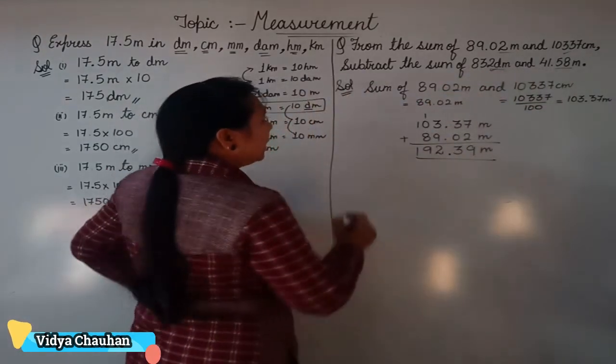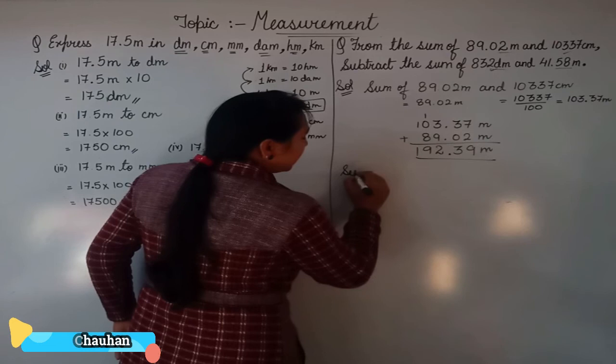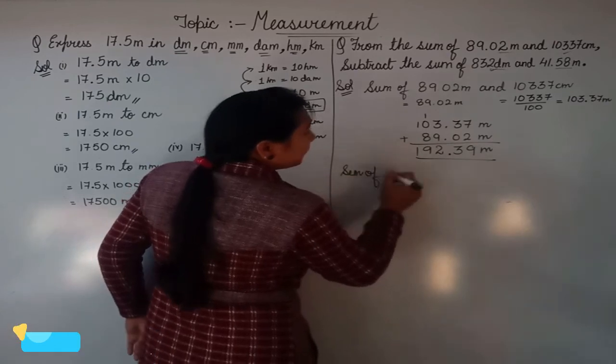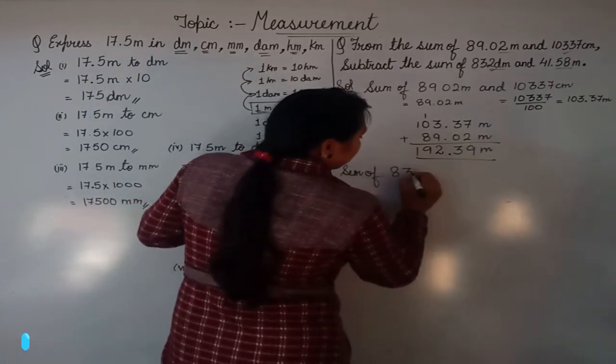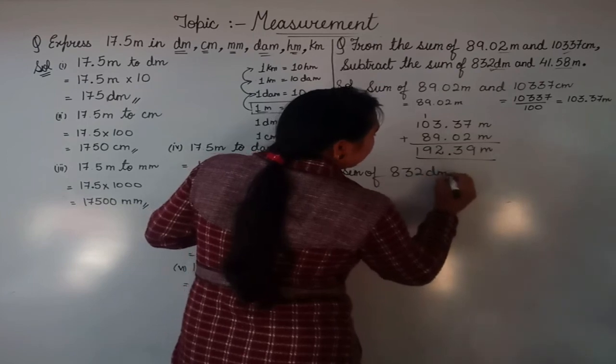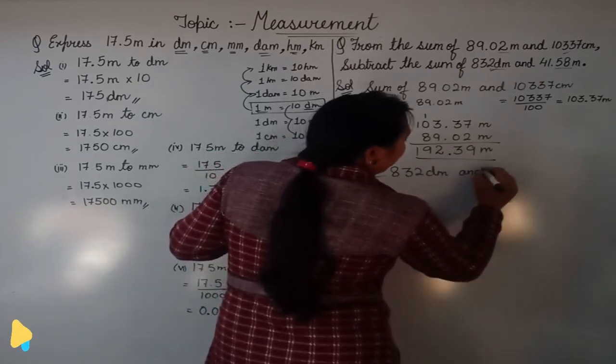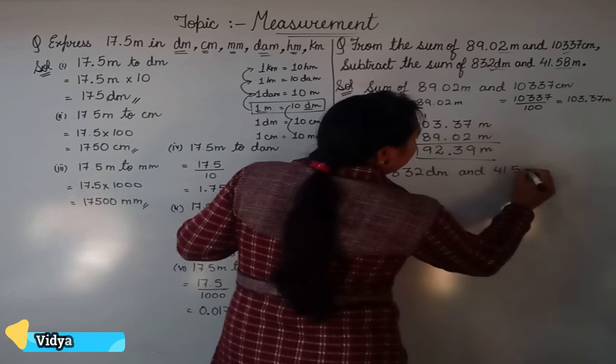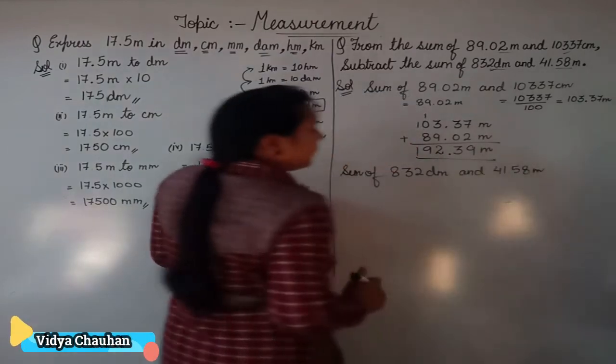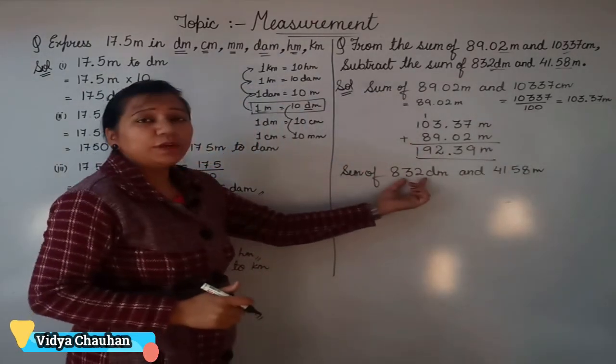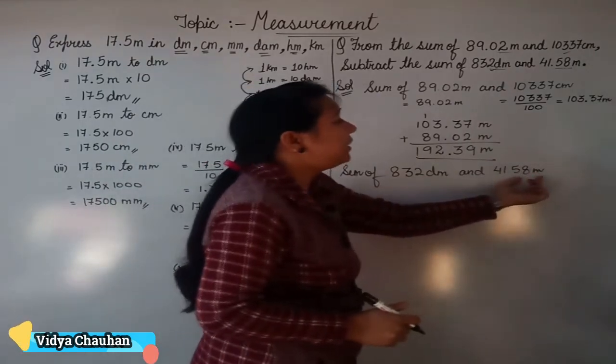Clear, students? Coming to the second part, in which again you have to find the sum of 832 decimeter and 41.58 meter. Now, one of the values is in decimeter, the second value is in meter.